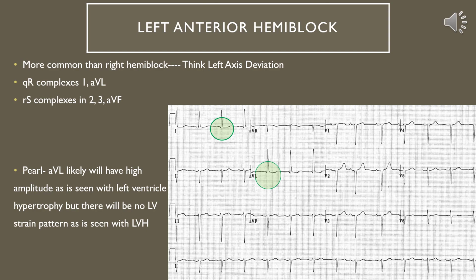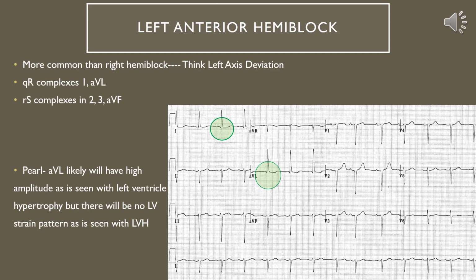When either fascicle loses its conduction, the left ventricular area depends on the remaining conducting hemibundle to depolarize. So if you have a hemiblock, you still have that other part of the left bundle branch that is still working.